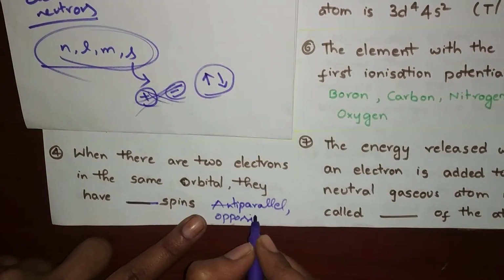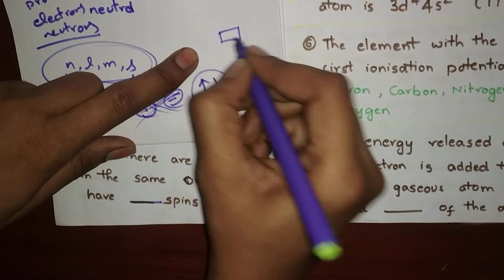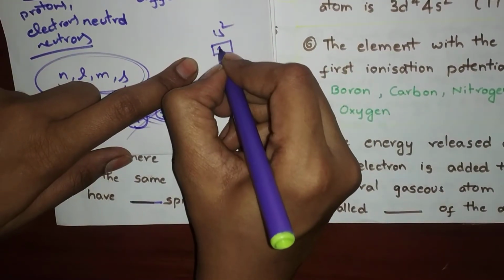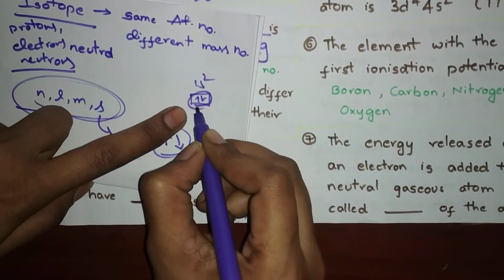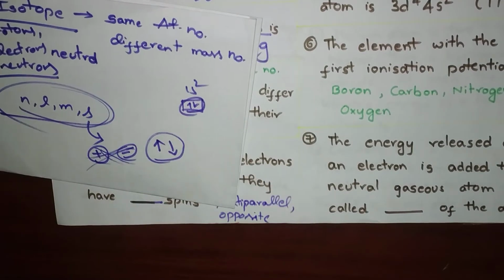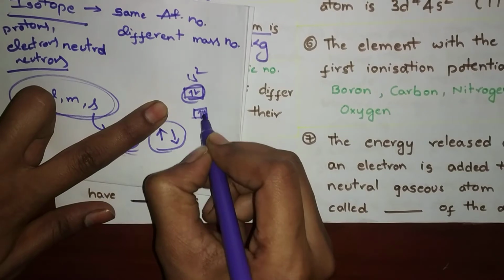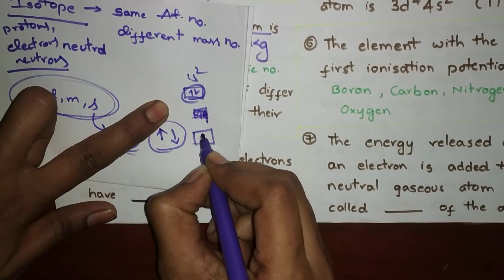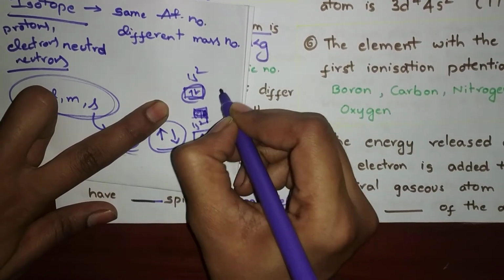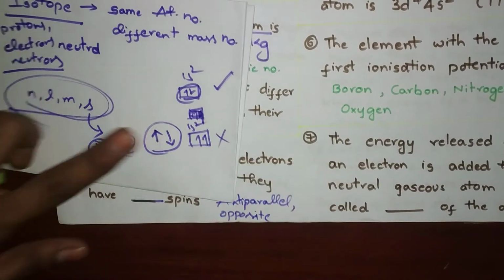If this is 1s orbital, we will represent the two electrons with opposite spins. Not like this. 1s2, this is correct, but this is completely wrong.